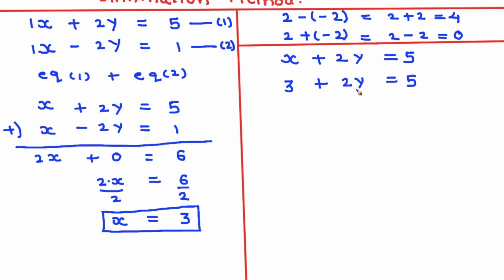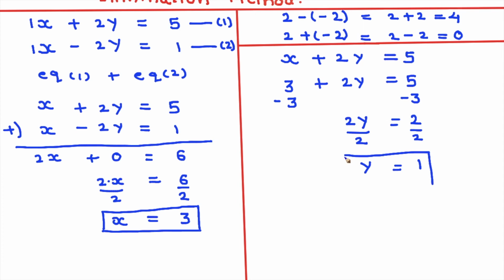To find out the value of y, first we should eliminate this 3 from here. So we subtract 3 from both sides. Once I subtract 3 from both sides, we are left with 2y on the left hand side, which is equal to 5 minus 3, which gives us 2. To find the value of y, we need to divide by 2 on both sides. So that gives us y is equal to 2 divided by 2, which is 1. So this way we got the value of y as well.